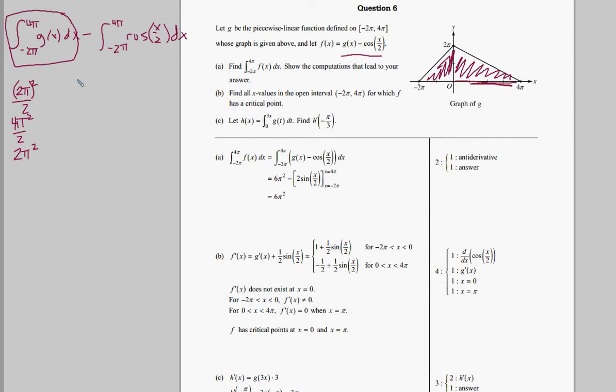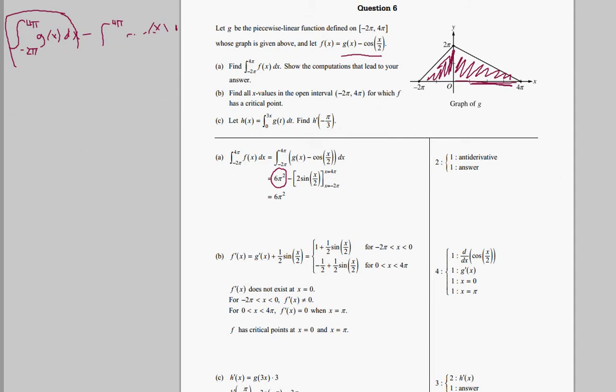So that would be 4 pi plus 2 pi, times 2 pi all over 2, because I got to divide it by 2, it's a triangle. 4 pi and 2 pi make 8 pi squared, and when I divide that by 2, I'll get 4 pi squared. And so that's how we end up getting this 6 pi squared piece right here, 2 pi squared plus 4 pi squared.